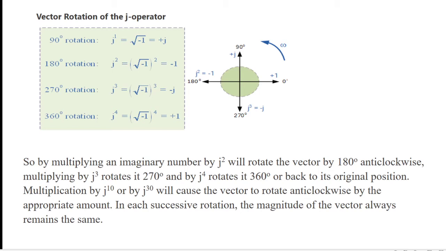As current through reactance lags or leads the voltage by 90 degree, therefore this reactance is represented by J operator.